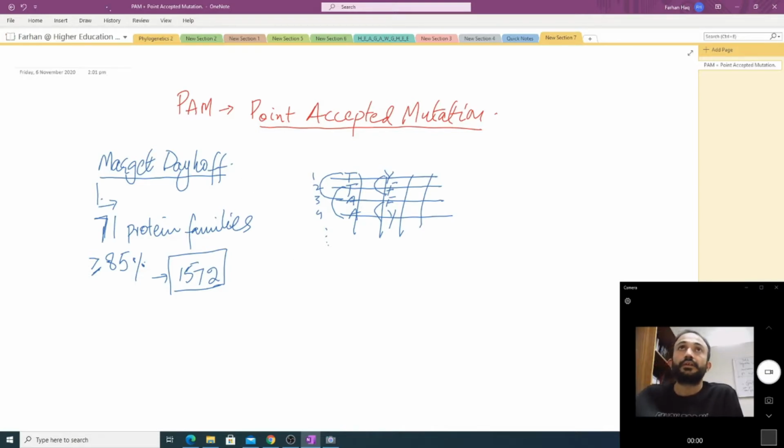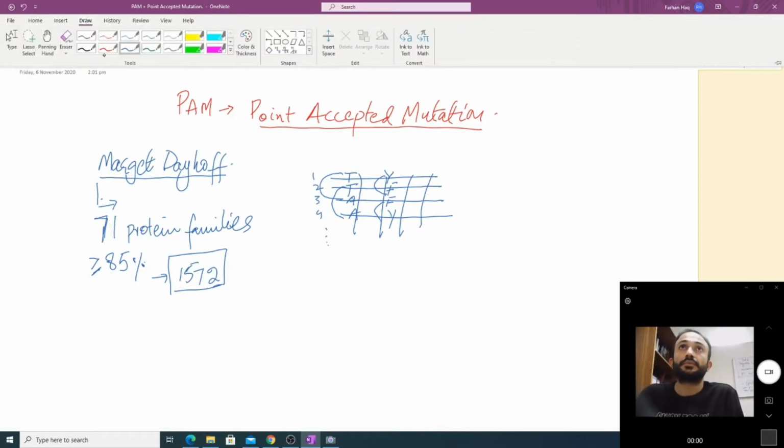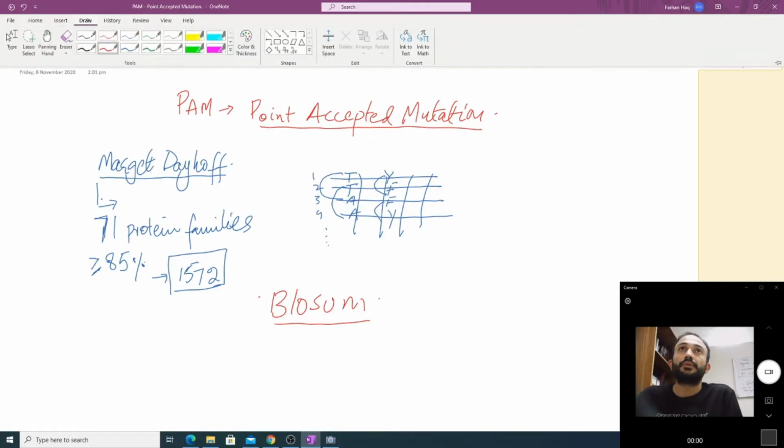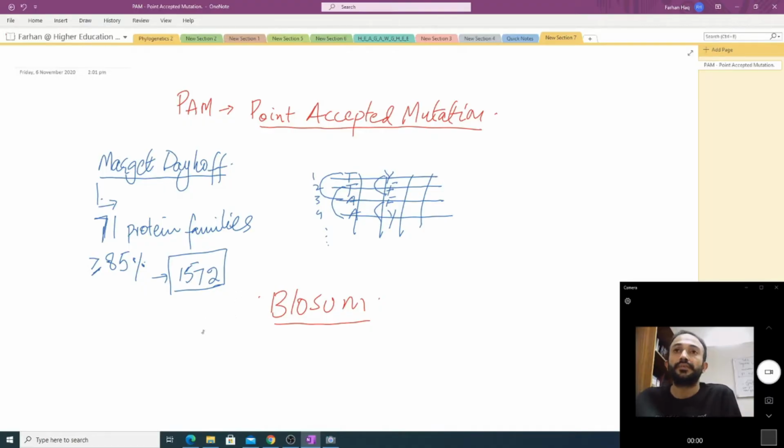The other substitution matrix we know is BLOSUM. This substitution matrix was generated by another group of scientists, with the name Henikoff, sorry if I do not write the spelling right, you can just check it.